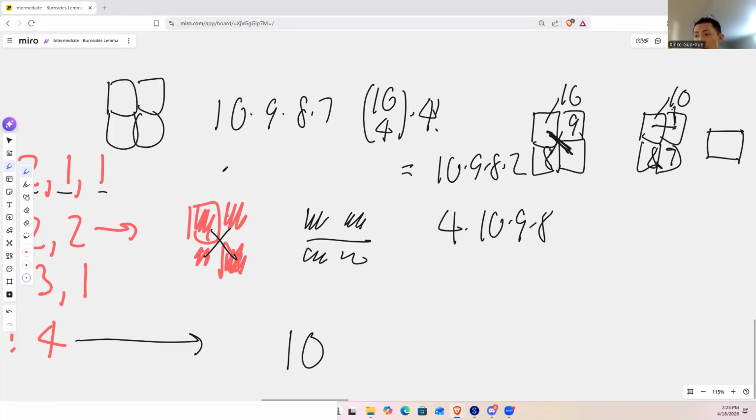If we have two of one and two of another, then if they're paired by corners, so if it's the corners that are the same, then there's just 10 ways for this and 9 ways there. But rotations are the same, so it's really just 10 choose 2.